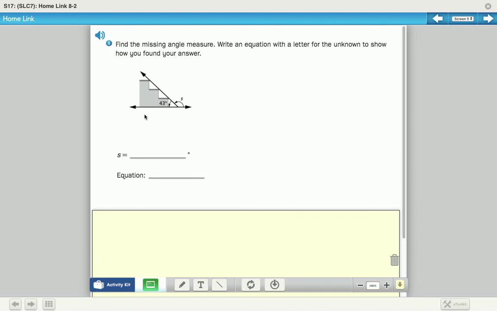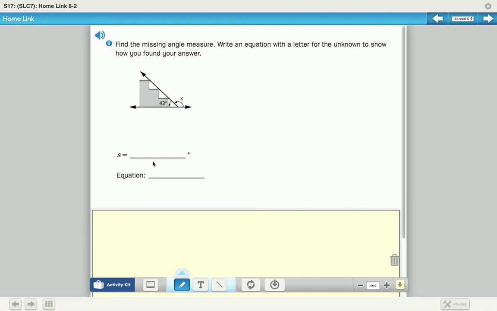Okay, number 5, we have a staircase, so the angle of the stairs, and then the angle that is below the stairs. So they tell us that 43 is below the stairs, and we want to know the angle here. So this is a straight angle.